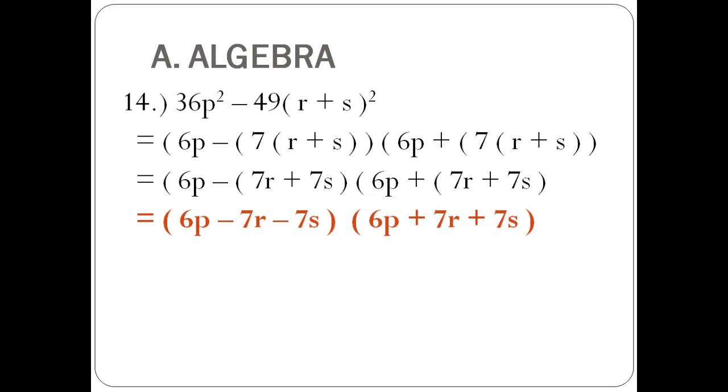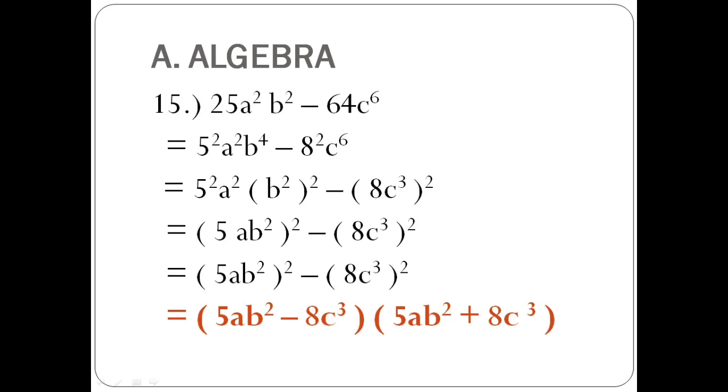So the 36p is a and negative 49 is negative 49 and 3 plus r plus s squared will be. After you factor the expression, we need to distribute 7 into r plus s. After you distribute 7, we need to distribute the negative sign. And the final answer is 6p minus 7r minus 7s and 6p plus 7r plus 7s.